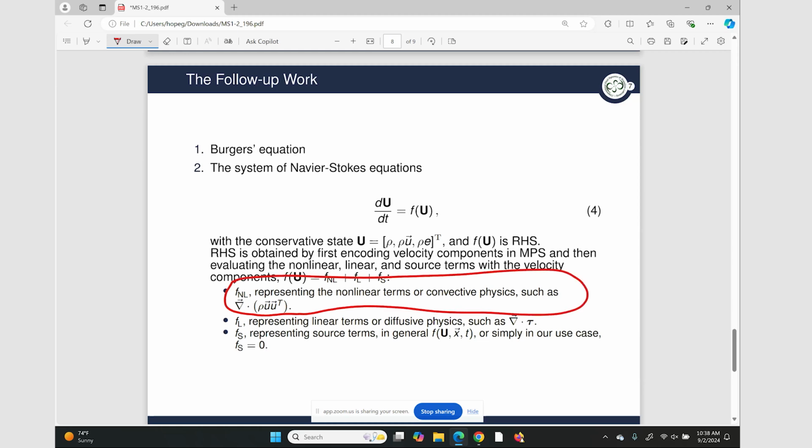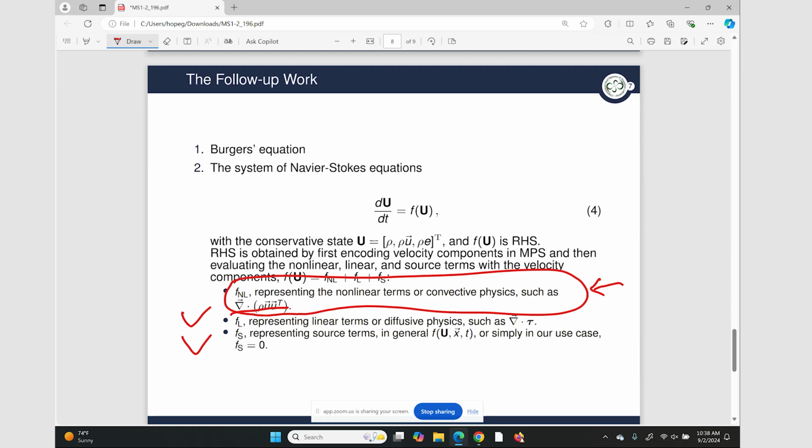This is the core part, the nonlinear term. We know how to represent the linear term already. And then we can start with the source term, just a simple source term. This method is addressing the nonlinear term. So the next immediate work is focused on testing these two problems.